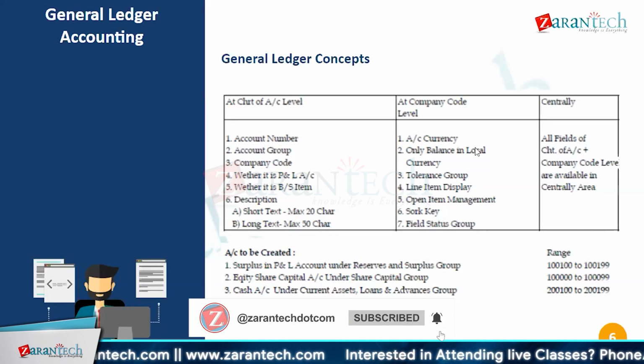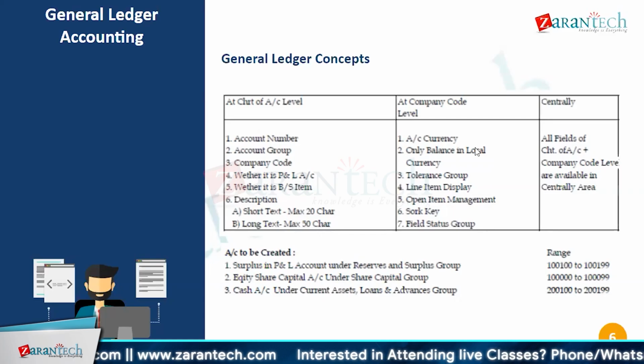Line item means every single transaction will be displayed when you open and view that particular GL account. Expense accounts, to see all the payment history? Expense accounts, okay, that could be line item managed.